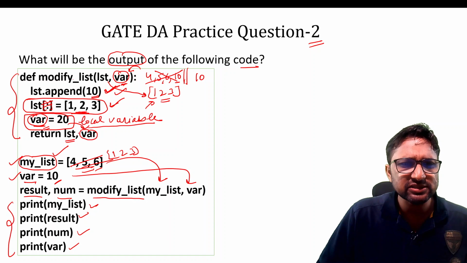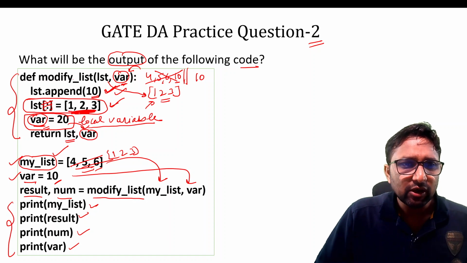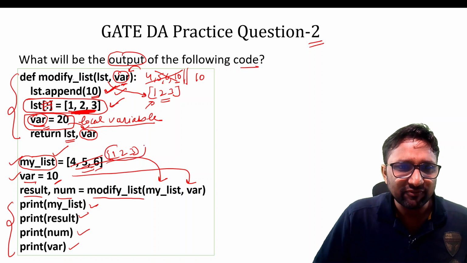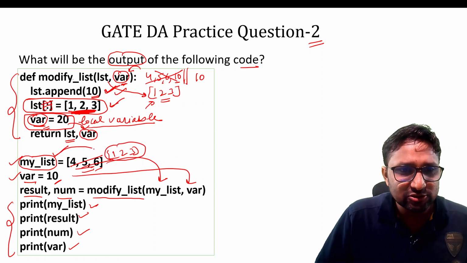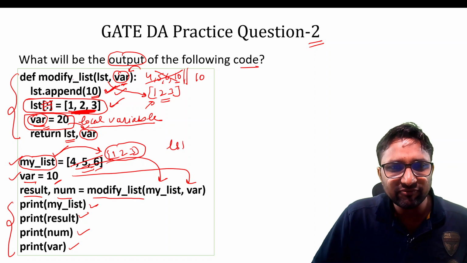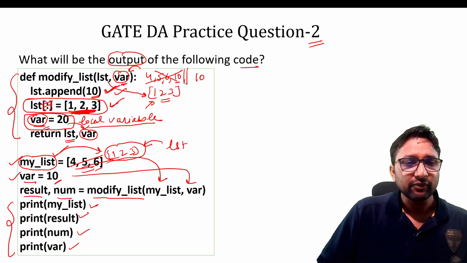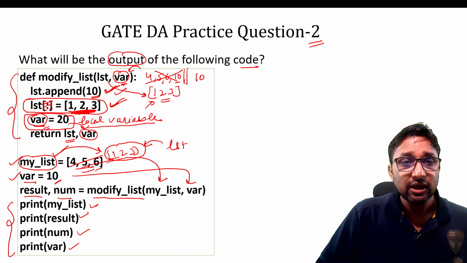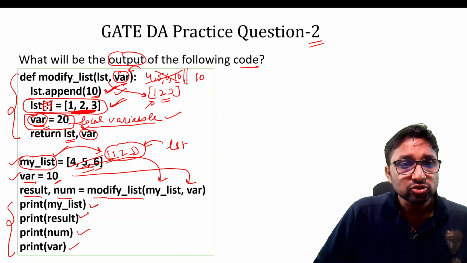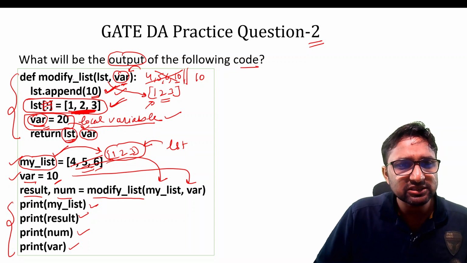And this list you are passing, actually the value is 1 2 3. This lst is pointing to this list itself, which my list is also pointing to. We have not created a new local list, but we created a local variable. So we passed this 1 2 3 list in this.